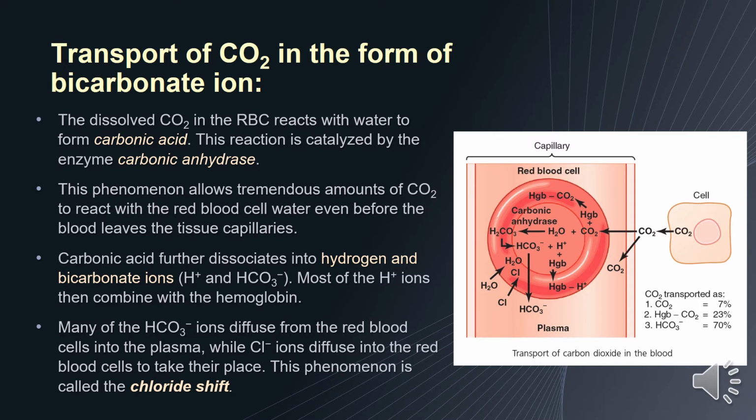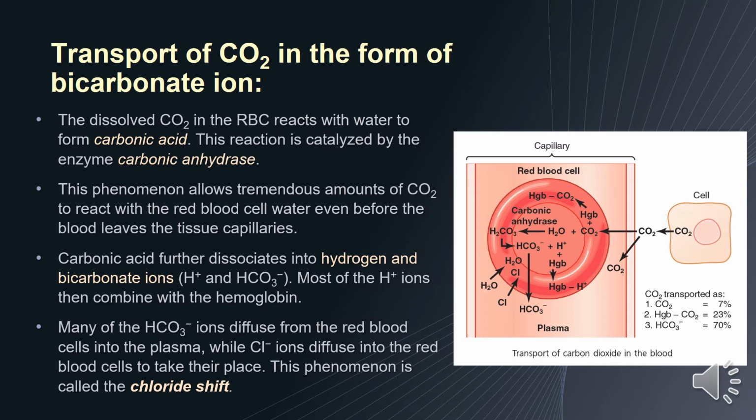Inside red blood cells, carbon dioxide will react with water to form carbonic acid. This reaction is catalyzed by the huge amount of carbonic anhydrase enzyme present within red blood cells.